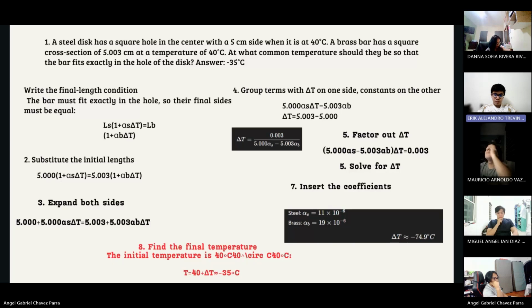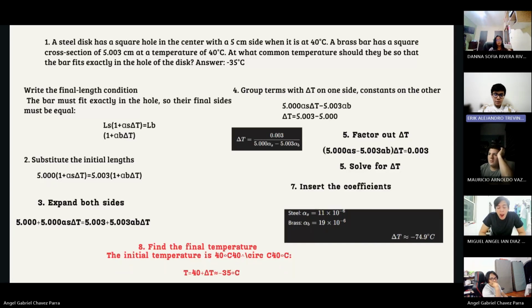Now we are going to put 5 and 5.003 to the other side. We take the factor out, like I just said, and we divide those two. Now we are going to insert the coefficients of the steel and the brass. When we do that, we can calculate the final temperature.